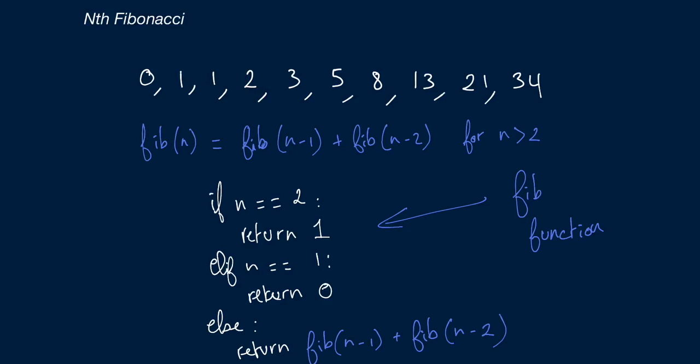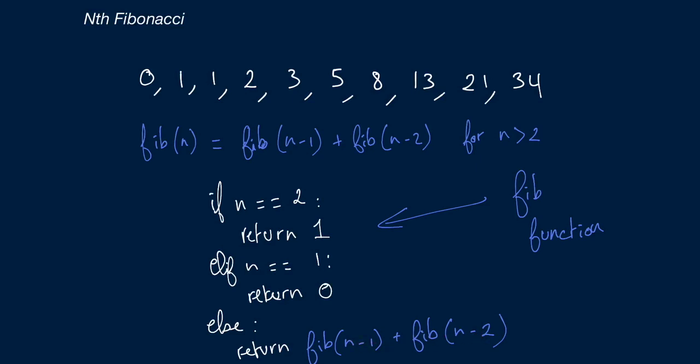So that's the first, I kind of want to call it naive way of solving this problem recursively. Why is it naive? Because the time complexity of this algorithm isn't great. We'll dive into the space complexity in a second, but the time complexity isn't great because if we really think about it, we are doing a bunch of unnecessary calculations here.